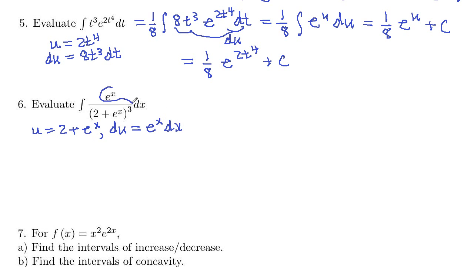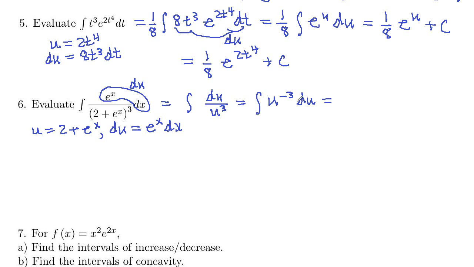So here's my du up on top. And then this is u down here. So this will just be integral du over u, and that gets cubed. So over u cubed. So we can bring that u cubed up to the top as a negative exponent, so u to the negative 3 du.